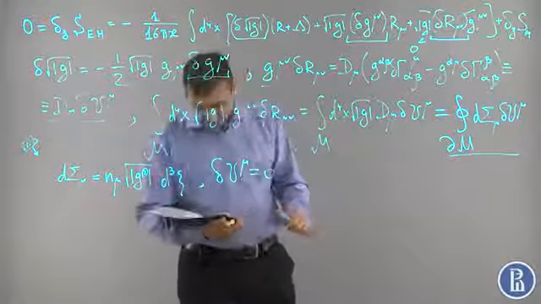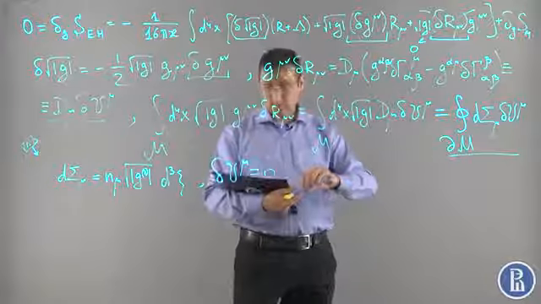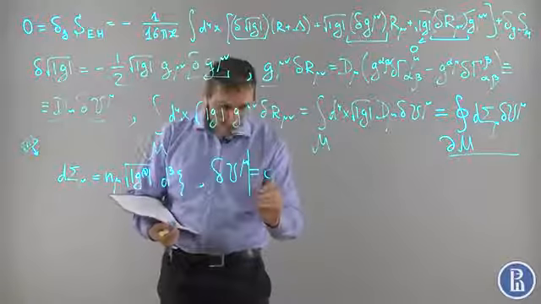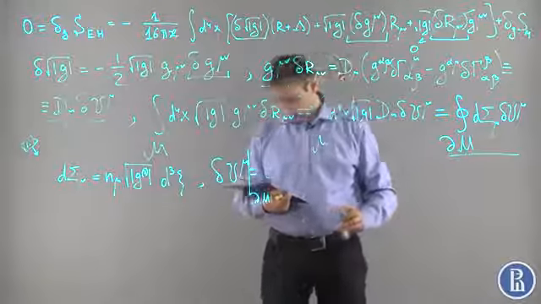So, combining all these things together, I assume that this is zero at the boundary of the manifold.